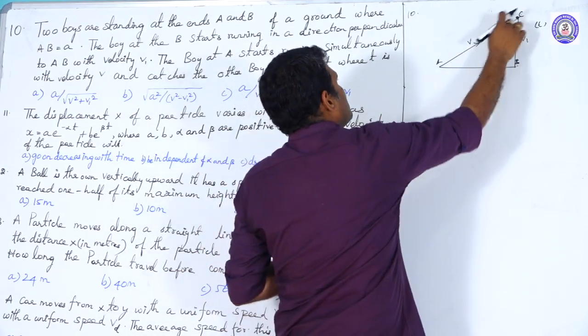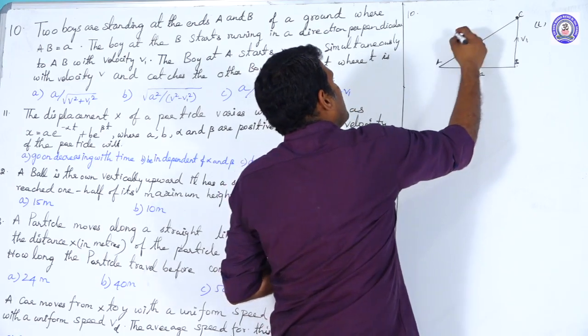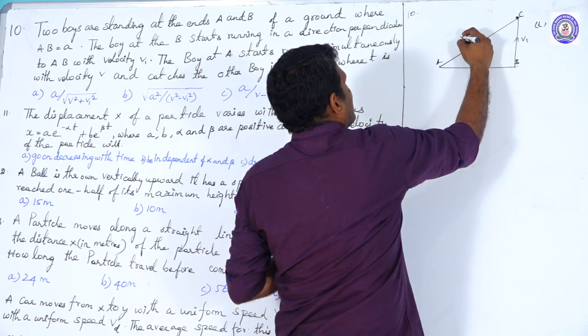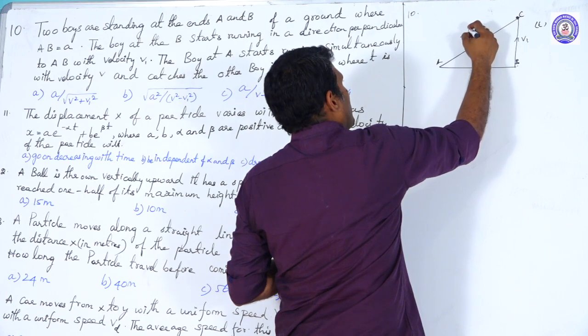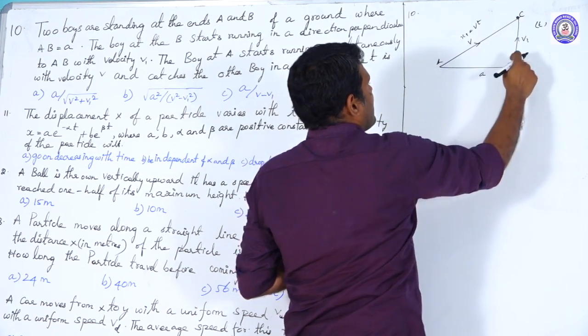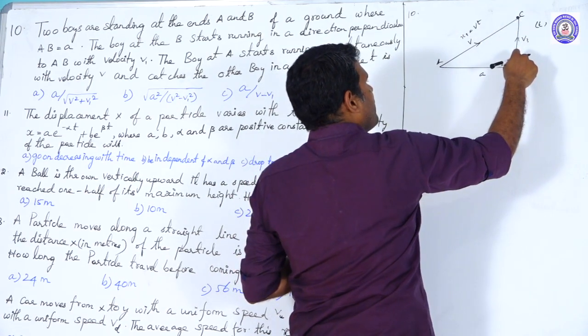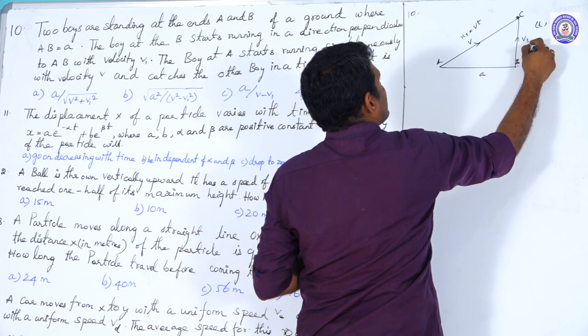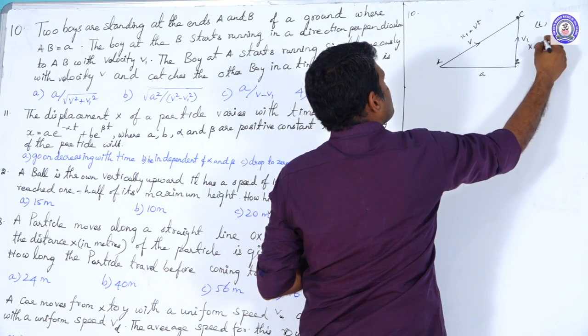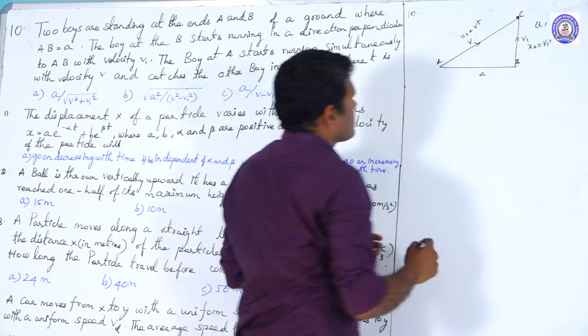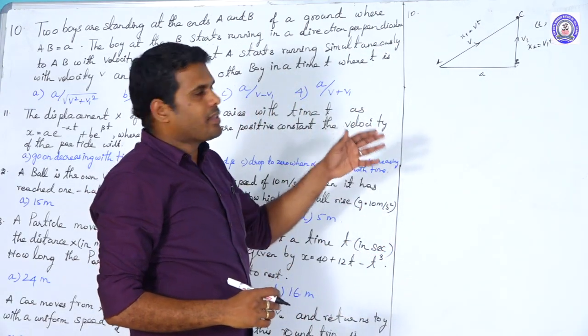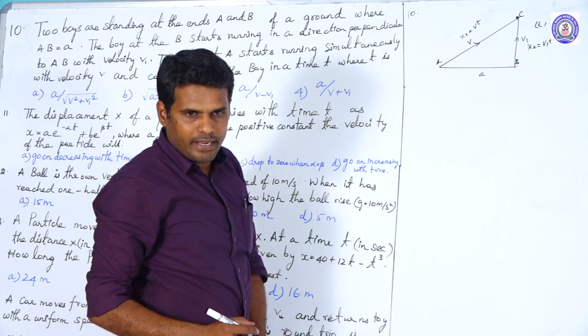We know the velocity with which the boy is moving from A. The distance here I can mark as x1, which is equal to v into t. And the distance travelled by the boy B to meet at the point C can be taken as x2 equals v1 into t. By applying Pythagoras theorem, we can simply calculate the time taken.